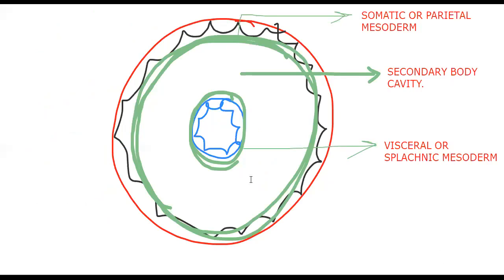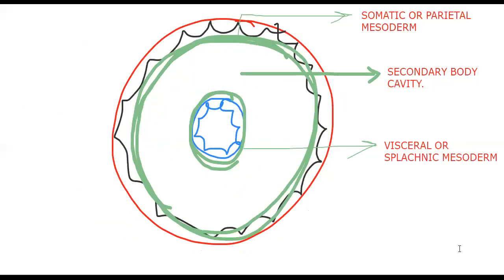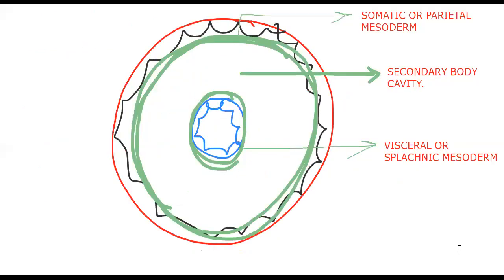Mesoderm reaches both the ectoderm side and endoderm side. Final, ultimate, this is going to be eucoelom. So how it is formed, that matters. If it is formed by the splitting of mesoderm or scattered mesodermal pouches, they develop and fuse and reach the ectoderm and endoderm side. We call it schizocoelom. Then enterocoelom: pouches are formed from archenteron, the pouches develop and fuse, and one reaches the ectoderm side and the other the endoderm side.